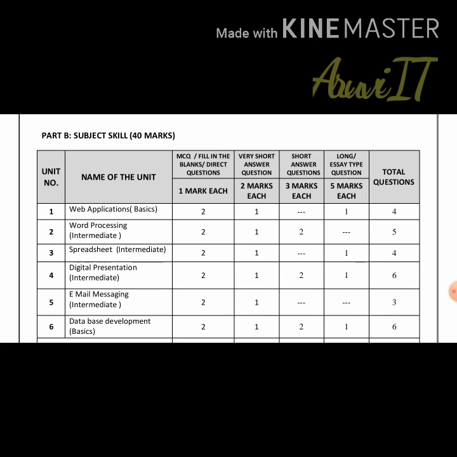And the next unit, the third unit, that is the spreadsheet. In that unit they will ask 2 1 mark questions and 1 2 mark question, as well as 2 3 mark questions and finally 1 hard question. So in this chapter they ask maximum 6 questions. So this is a very important chapter.